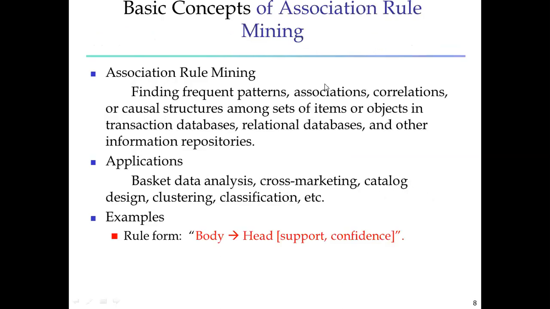So the basic concept of association rule mining is finding frequent patterns, associations, correlations, or causal structures among sets of atoms, objects in transaction databases, relational databases, and other information repositories. Applications include basket data analysis, cross marketing, catalog design, clustering, and classification.